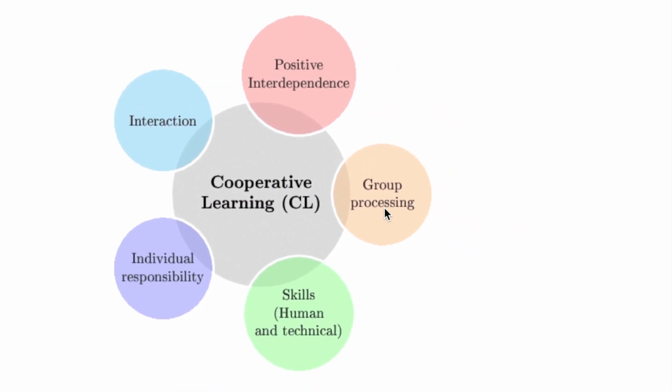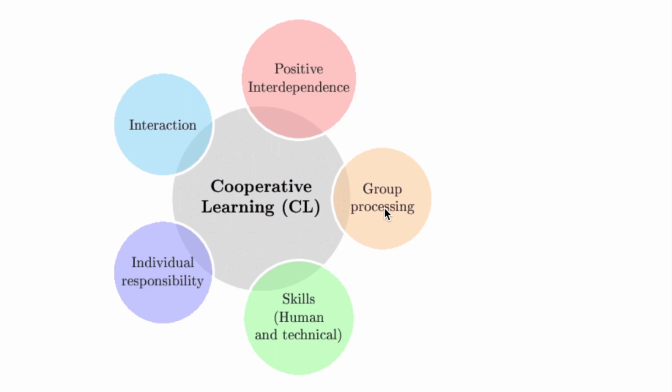There are 5 things that are associated with cooperative learning. The first one is, of course, interaction. We all know that by creating groups and by asking students to work on one project, we are helping them to interact with one another.